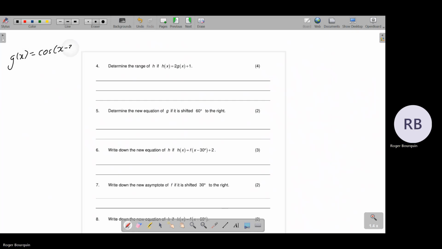So what did that cos x minus 30 look like? It was a cos graph, and the maximum was at 30 and 1. And the minimum would normally be at 180, now it's going to be at 210 and minus 1, right? Am I right about the shape of my graph?